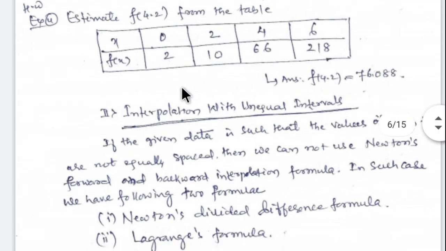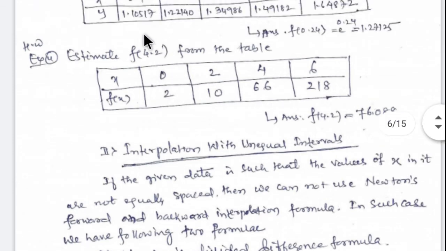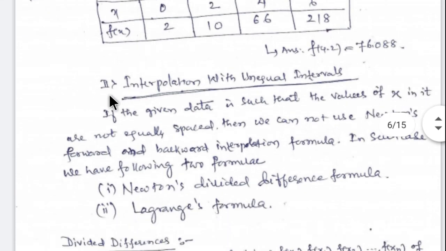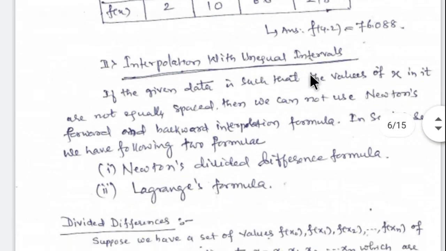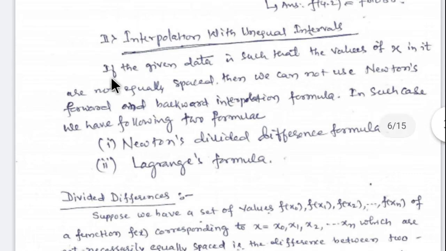Then second, you go. Up to this, you have discussed interpolation with equal intervals. The second one is interpolation with unequal intervals. Here, the given data is such that the values of x are not equally spaced, that is, the h values are not the same.